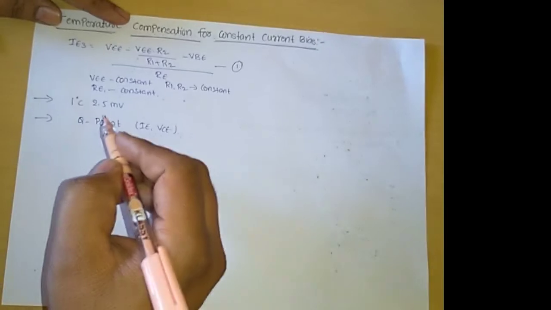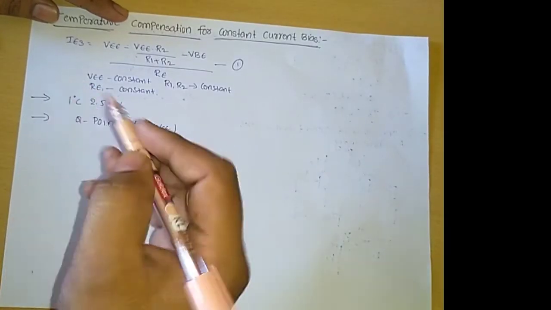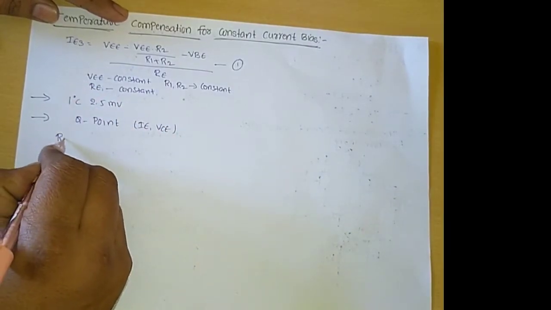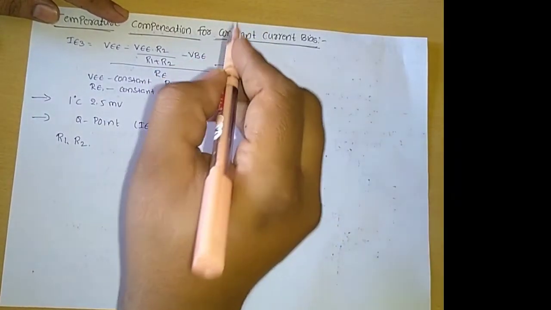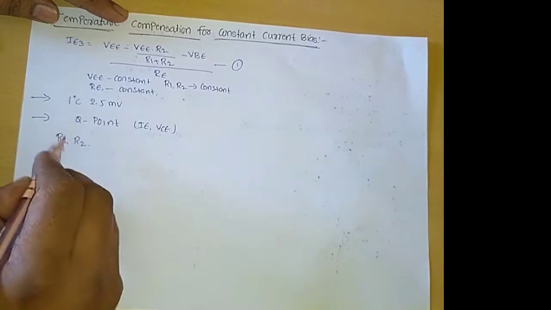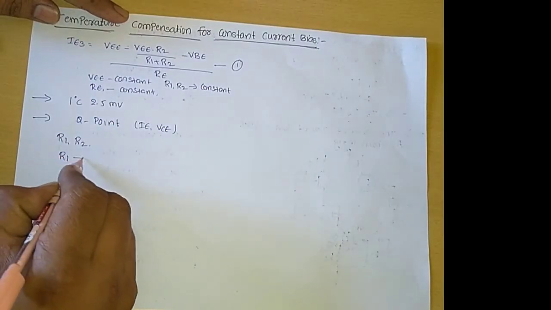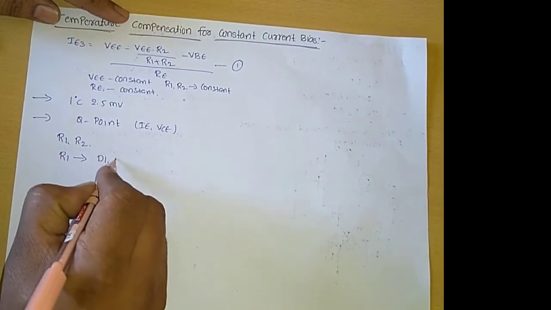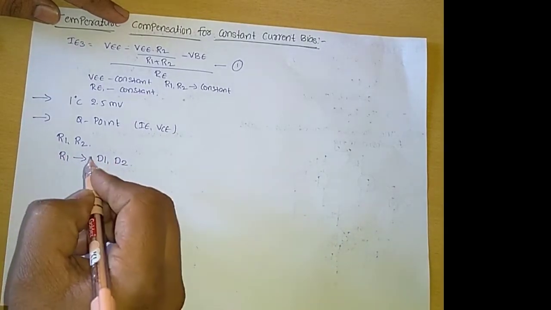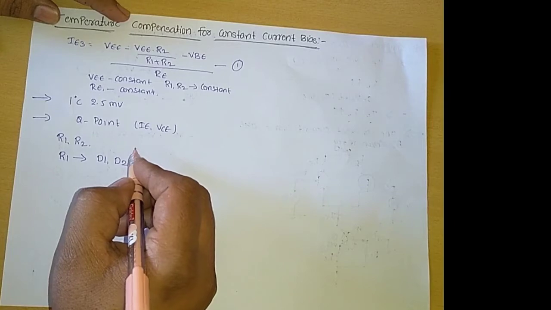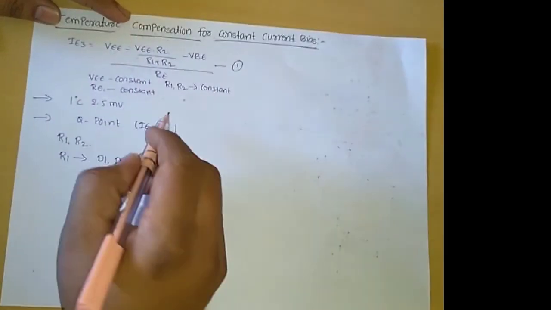In this circuit we replace the resistor R1 by two diodes D1 and D2. With the help of these two diodes, we provide temperature compensation.